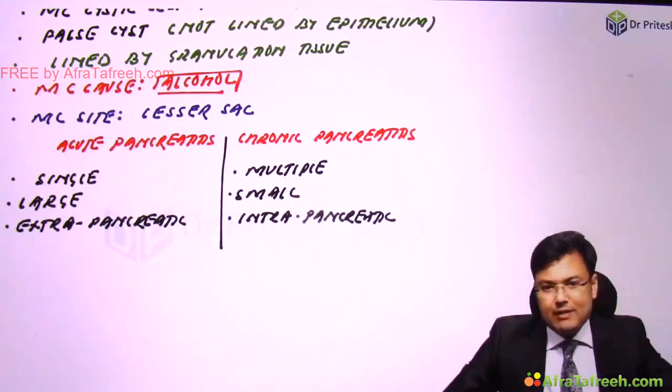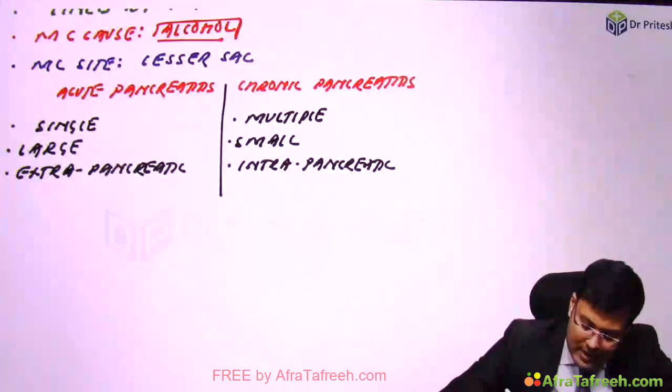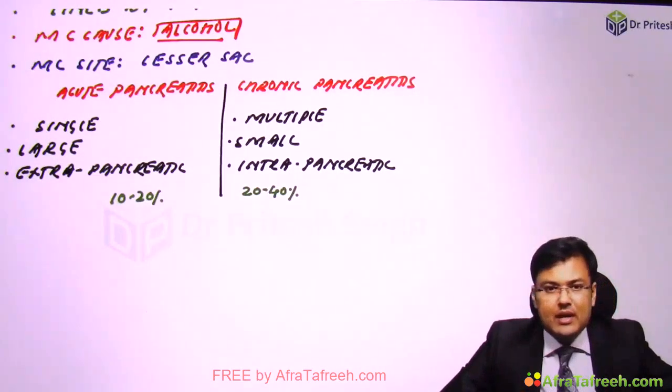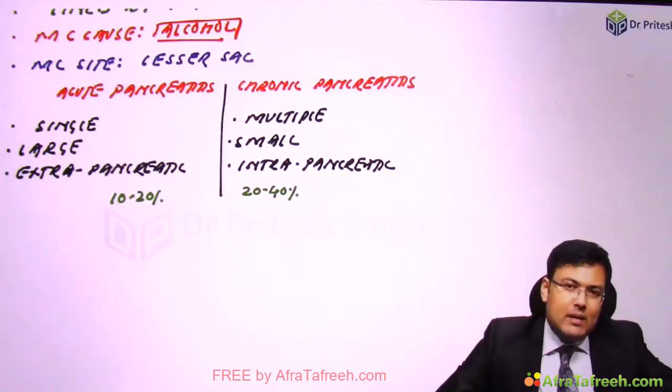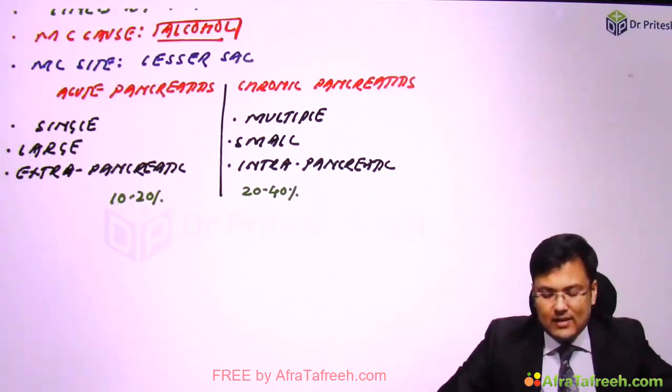One question is asked frequently: how much is the incidence? In acute pancreatitis, it's 10 to 20%, and in chronic pancreatitis, 20 to 40%. So this is the incidence.